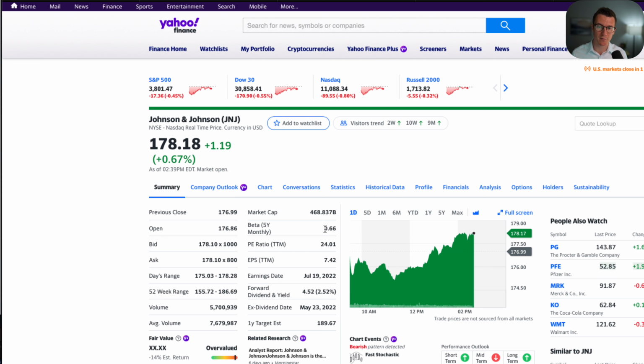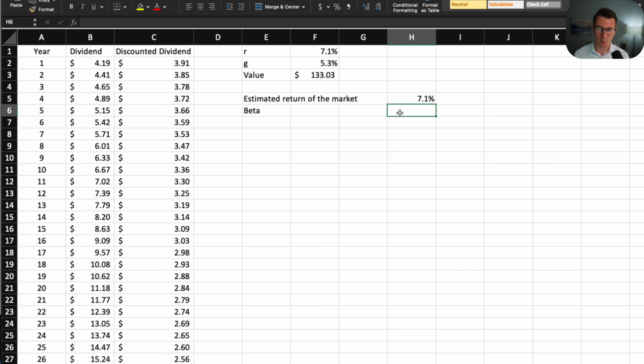And conversely, if the market goes up 10%, you would expect Johnson & Johnson to go up 6.6%. So J&J is not as risky as the average stock. So we can take this beta of 0.66 and calculate kind of a risk-adjusted return. What do we need to match the market's risk-adjusted return?